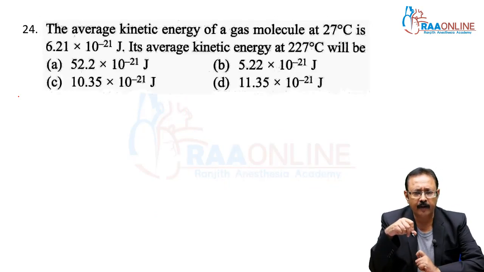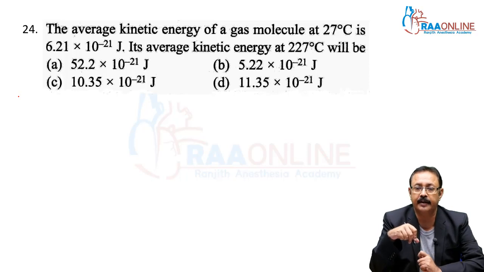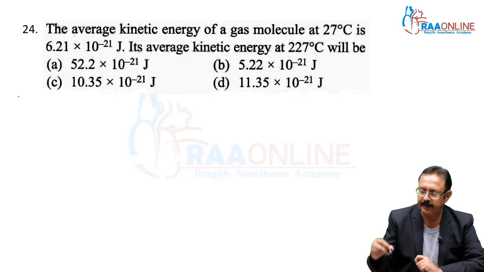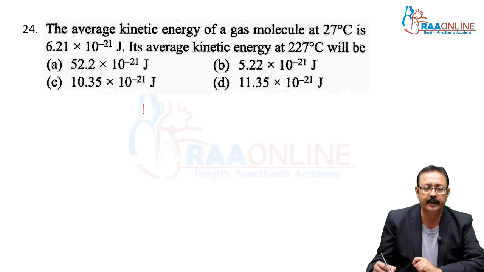Next, the average kinetic energy of a gas molecule at 27 degrees centigrade is this. Its average kinetic energy at 227 degrees centigrade will be, again a very direct problem. You know that kinetic energy, say U, is a function of temperature. So kinetic energy and temperature, this ratio should be constant.